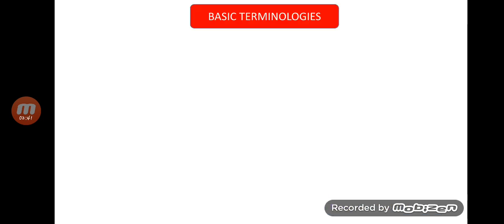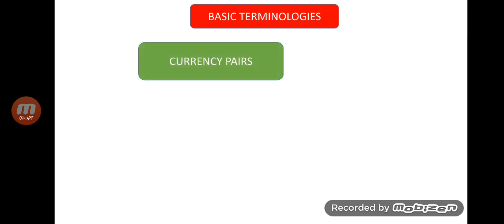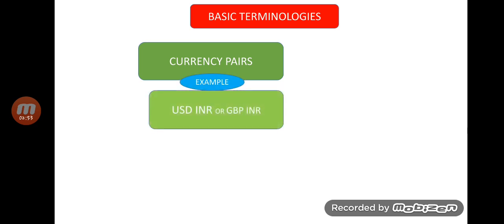Before jumping into trading, I'm again telling you that one needs to understand the basic terminologies normally used in the foreign exchange market. One is currency pairs. Understanding currency pairs is very simple.